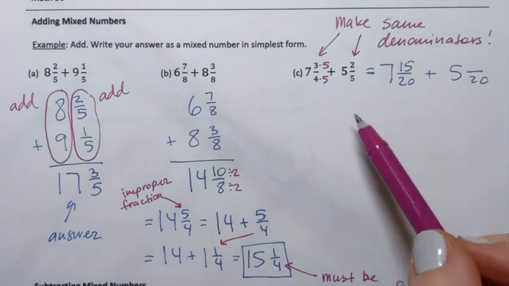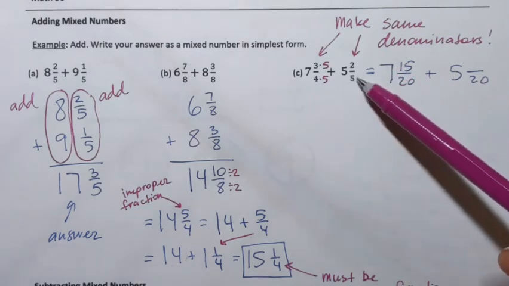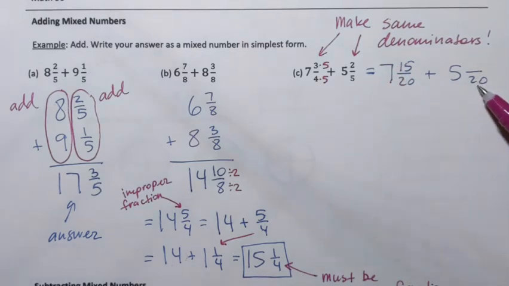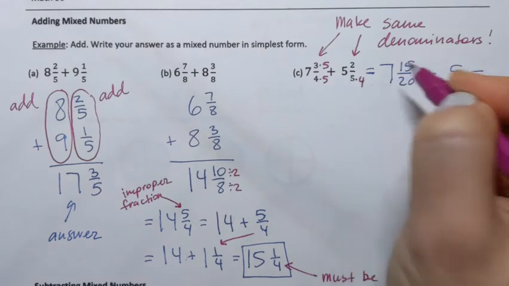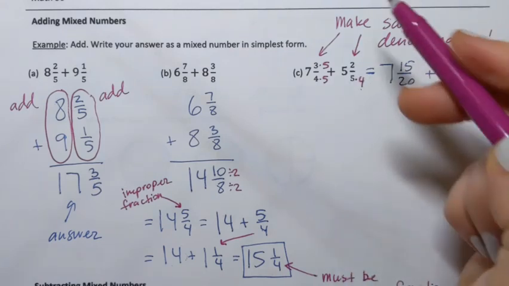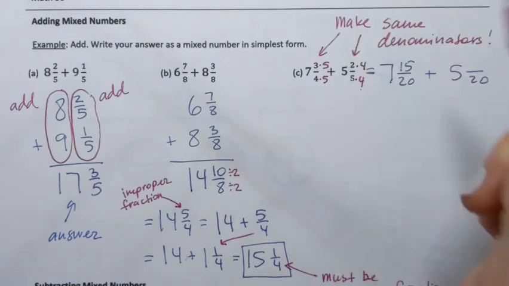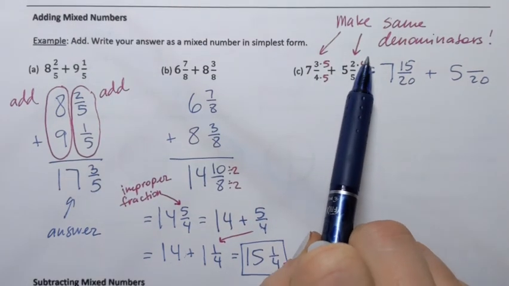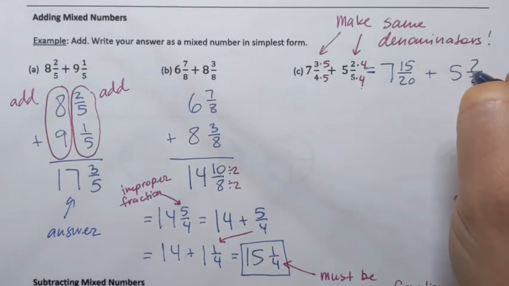Now let's try it for the second one. I had denominator 5, and I want denominator 20. To make 20 out of 5, I have to multiply 5 by 4. If I'm multiplying by 4 on the bottom, I have to multiply by 4 on the top as well. So that tells me what the numerator should be. It should be 8.